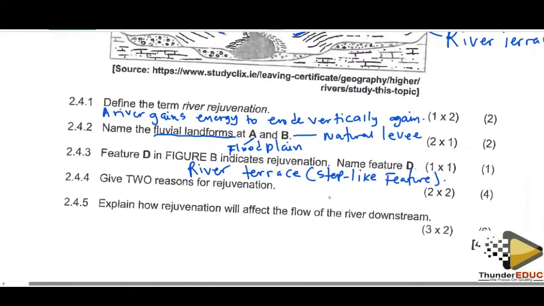Okay. Now 2.4.4, give two reasons for rejuvenation. What makes a river regain its strength or its power to start eroding? So we could talk about rainfall. We could as well say more water. Talk about a drop in sea level.